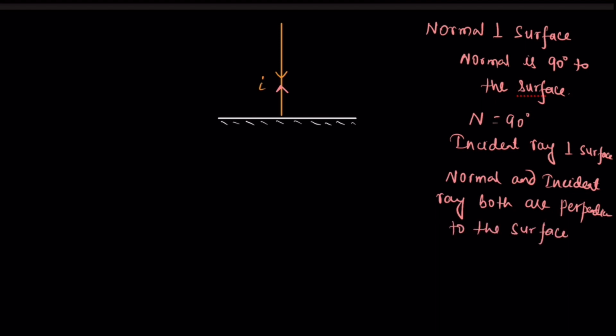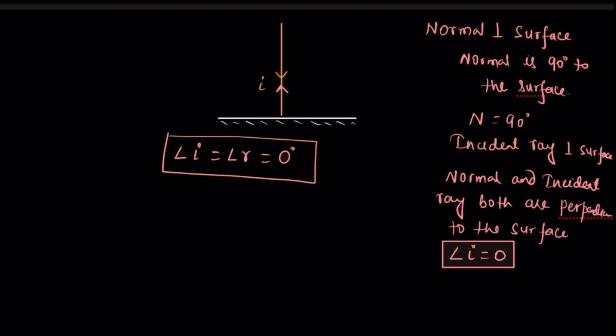That's why in this case angle I will be 0. So angle I is 0. What will happen? Angle R will also be 0. So in this case, angle I is equal to angle R and both are equal to 0 degrees. So that's why the reflected ray will also follow the same path. This question previously came in an exam for 1 mark, so for better understanding, I explained it to you.